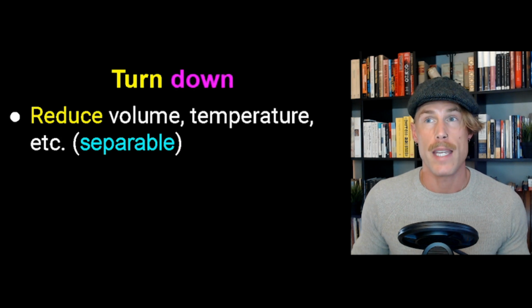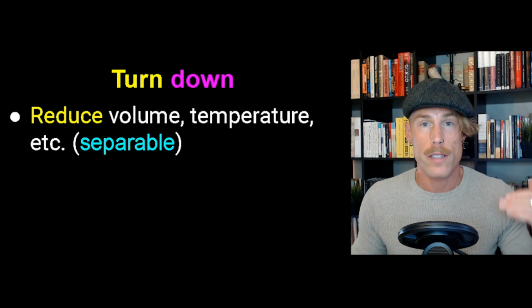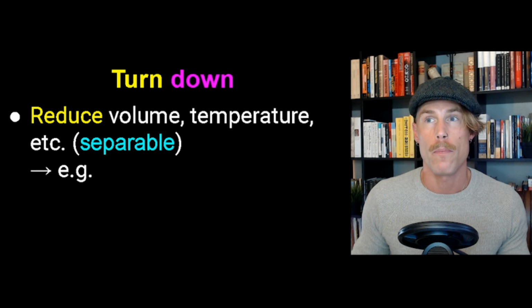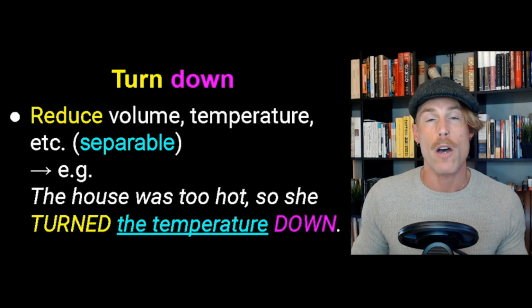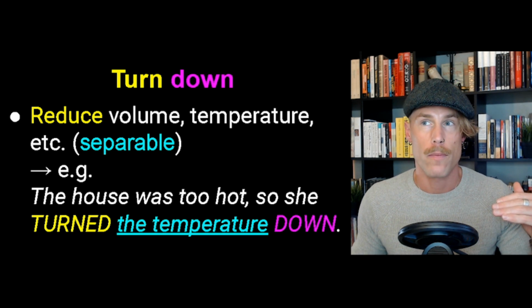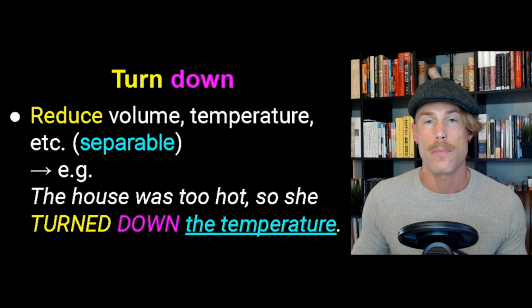Okay, let's talk about the second phrasal verb, turn down. Turn down means to reduce the volume, temperature of something, and it is separable. Okay? The house was too hot, so she turned the temperature down. The house was too hot, so she turned down the temperature. Both are correct.